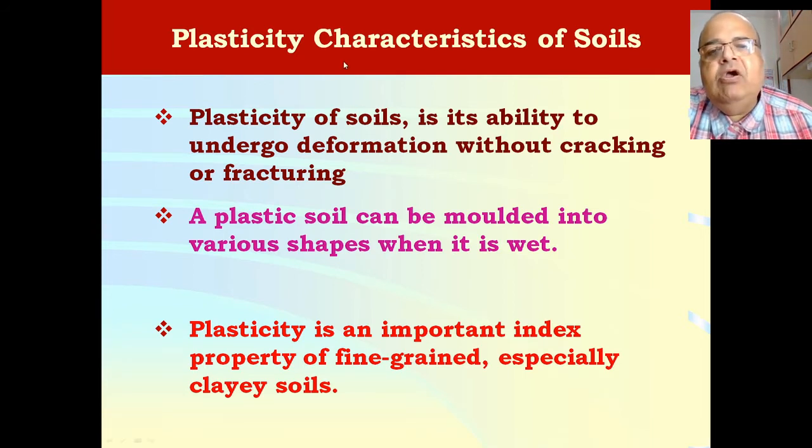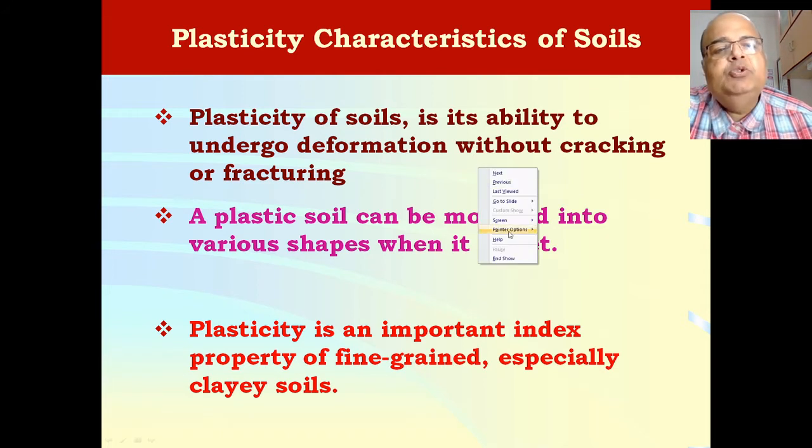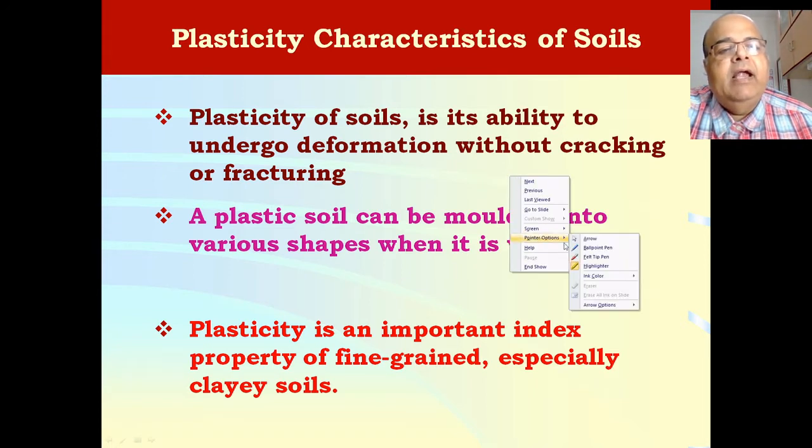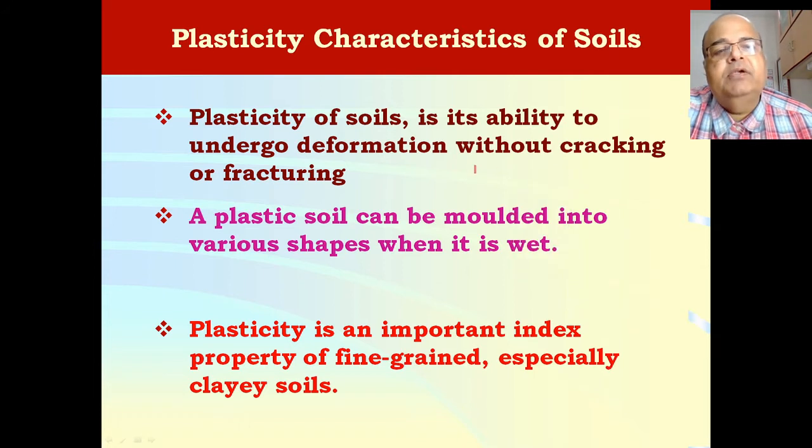It is the ability of the soil to undergo deformation without cracking and without fracturing. This is very important. This generally happens with very fine grained soils when they come in contact with water.